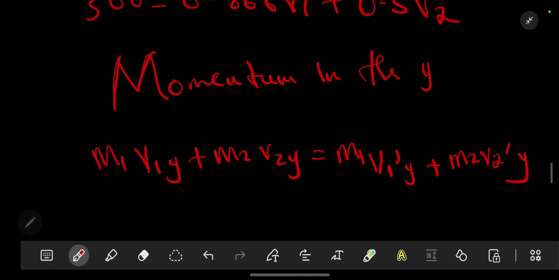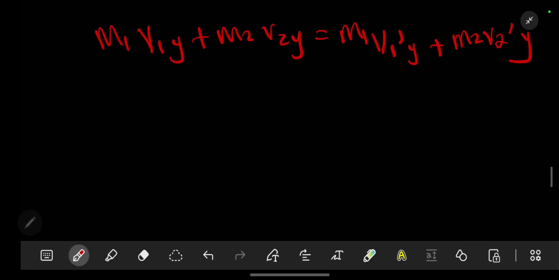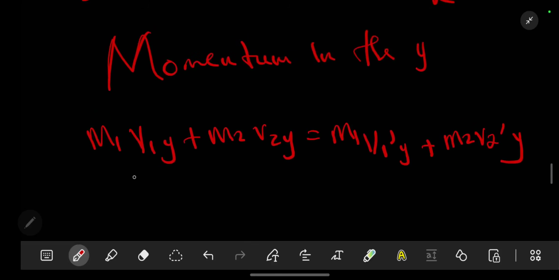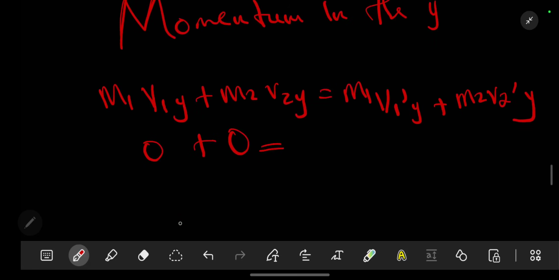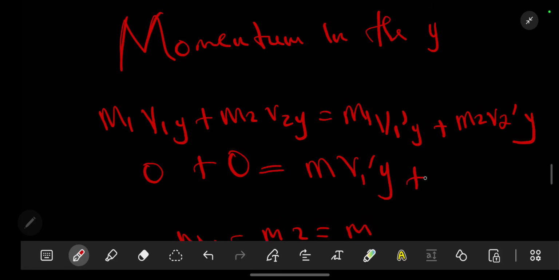So remember, the first ball was just moving in the x, so the initial is 0 here plus 0, which will be equal to, what is our m1? Remember, m1 is equal to m2, which is equal to m. So we are going to put m v1 cap y plus m v2 cap y.